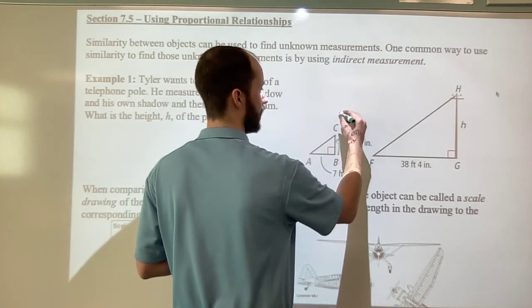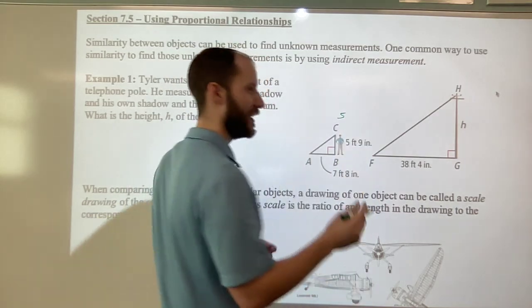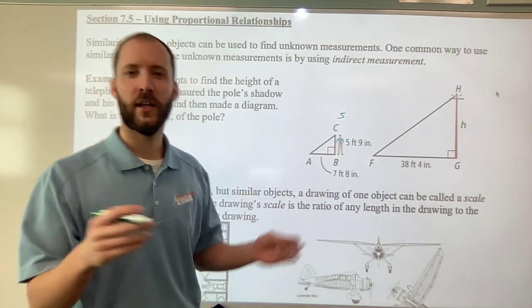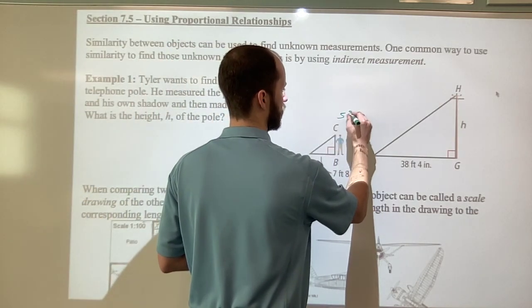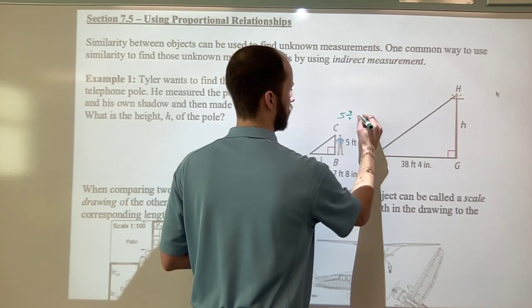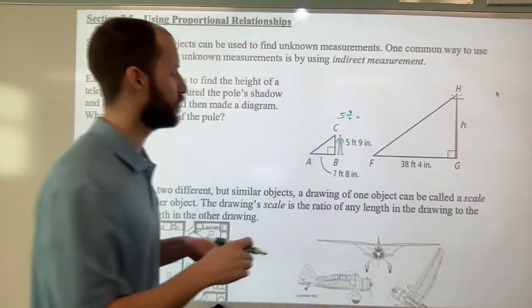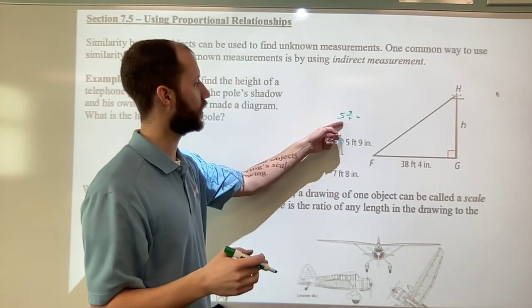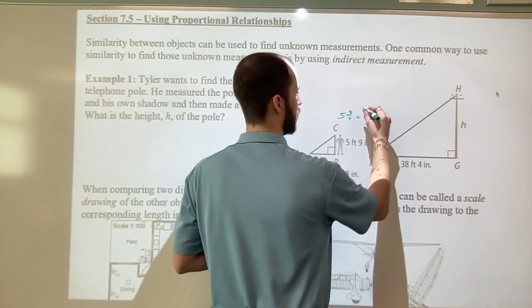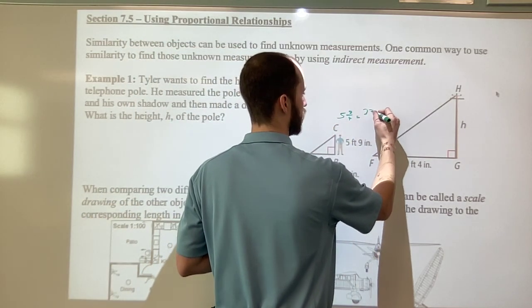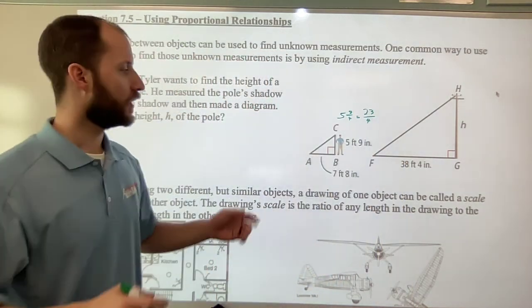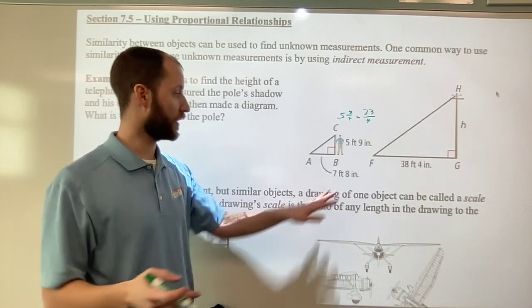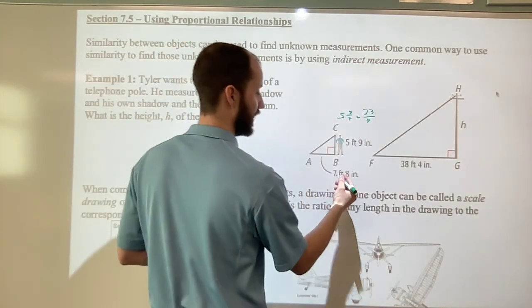5'9", that is 5 and 9 over 12, which is 3/4. So 5 3/4. So make that an improper fraction: 5 times 4 plus 3, so 23/4. So do the same thing for the shadow. 7 feet 8 inches.